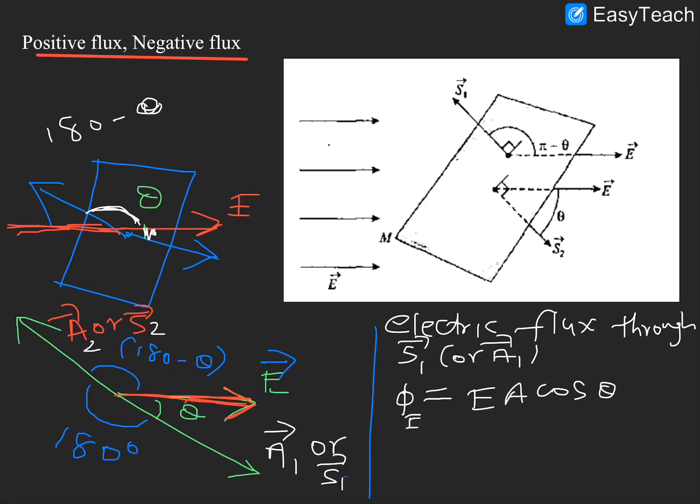Now what is the electric flux through S2? Let us find it. Through S2, what is the electric flux? Phi E is equal to E into, so here it is E into A1.